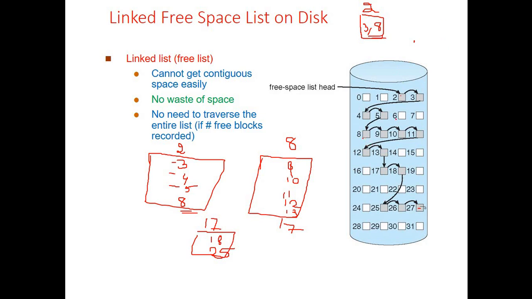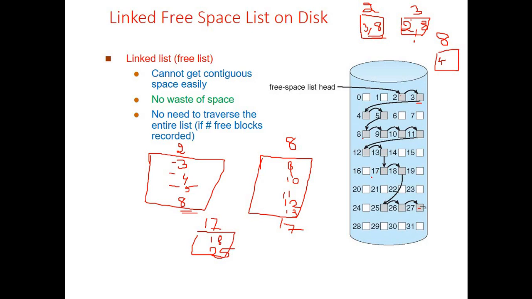Then coming to block number 8. It will have the details of how many free blocks are following: 1, 2, 3, 4, 5. 5 is the number of free blocks following 8.